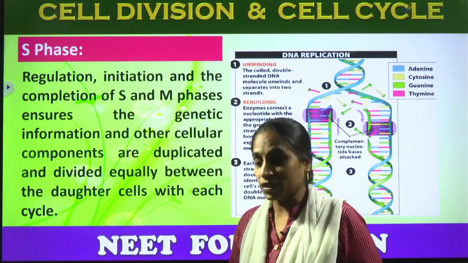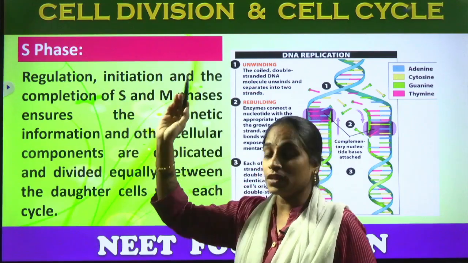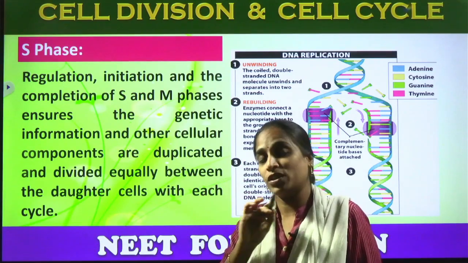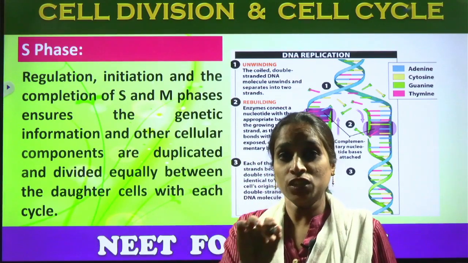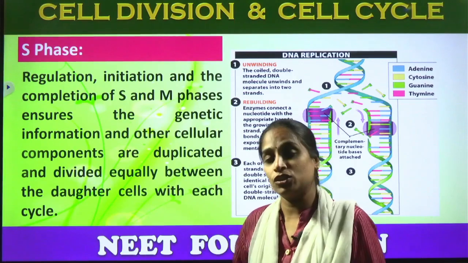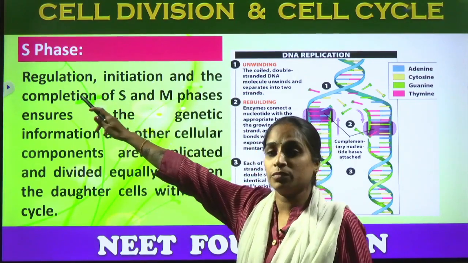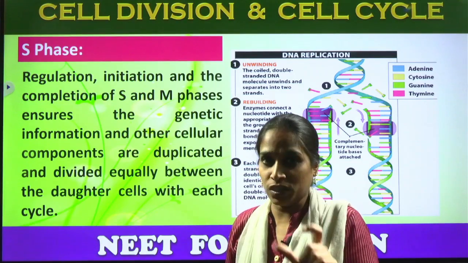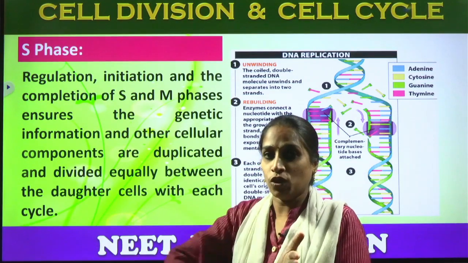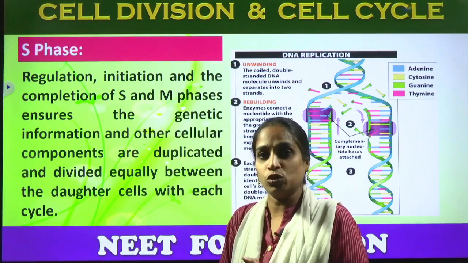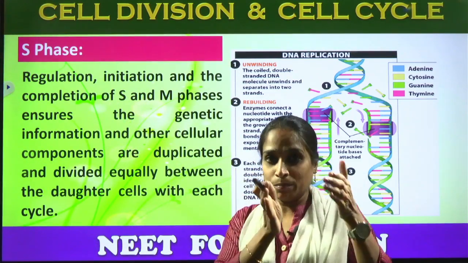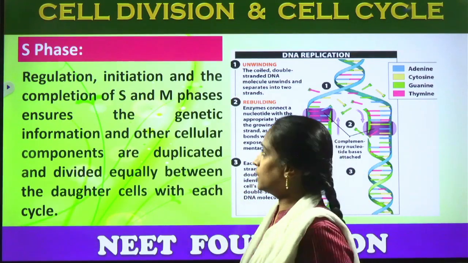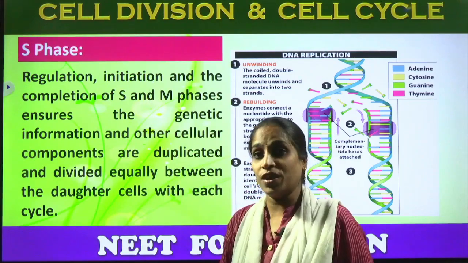Apart from that, in the S phase, the chemicals, enzymes and biosynthetic reactions occurring inside, and the proteins produced during DNA replication, are responsible for regulation, the controlling pathways. They can't keep increasing the number of chromosomes; they maintain the particular number of chromosomes in the daughter cells from the parent cell, and the initiation of where it has to begin.